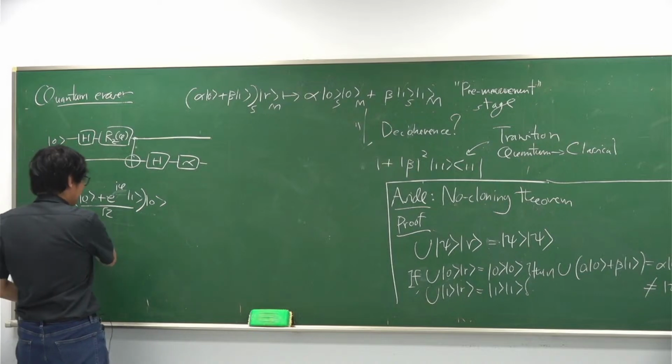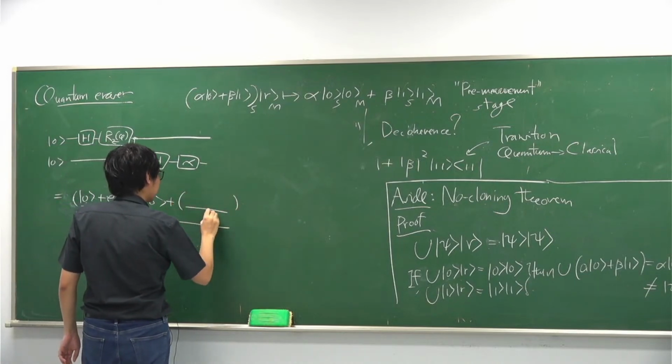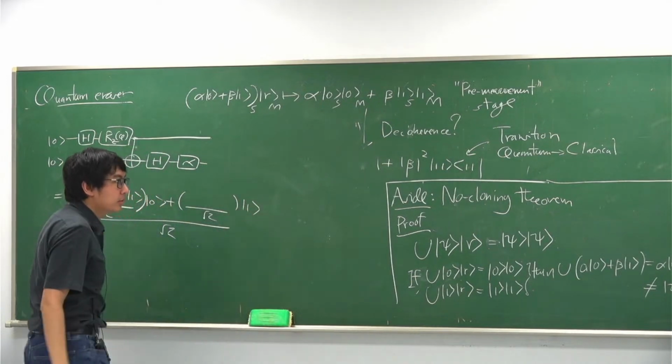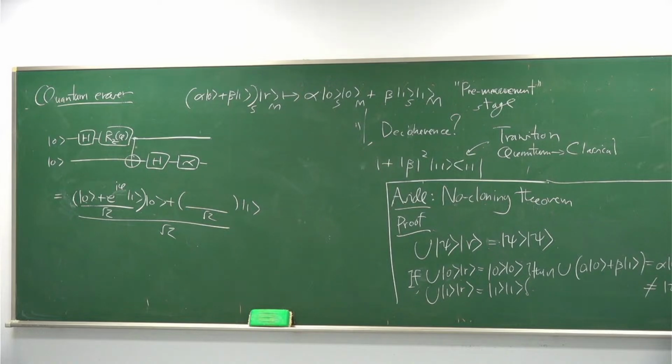What is that over there? If I take out this, and then minus, right?